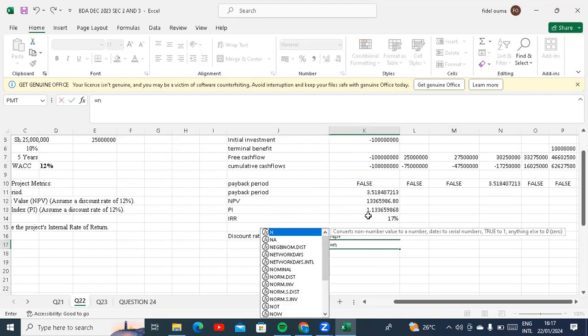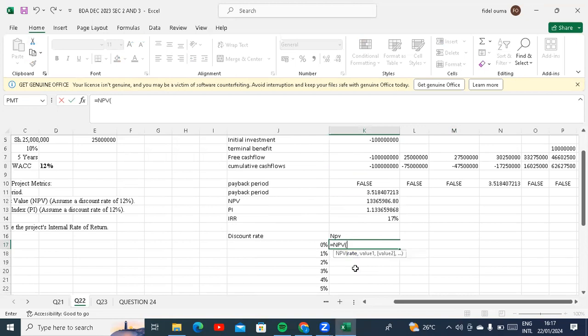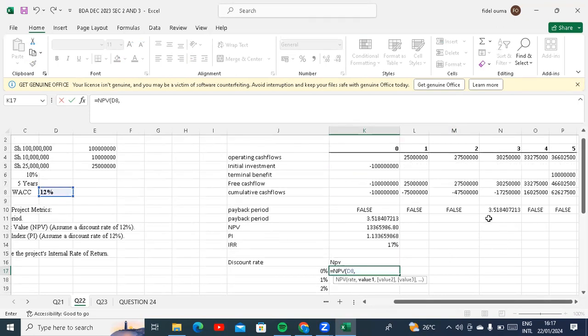So this is NPV. The rate is 12. Then the values. Then you add one. F4.